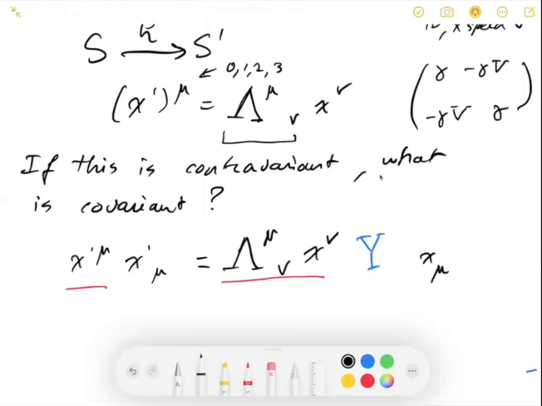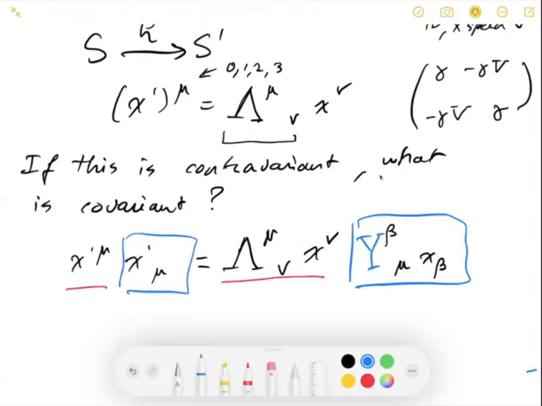We need to be a little careful, because we're now doing a sum over a contravariant and a covariant index. Where we place the index is a little tricky, but it ends up going here: x beta, with beta here and mu there. So think about that.